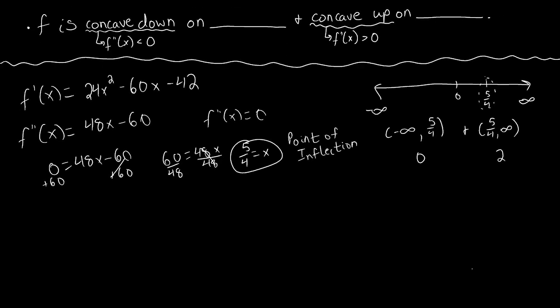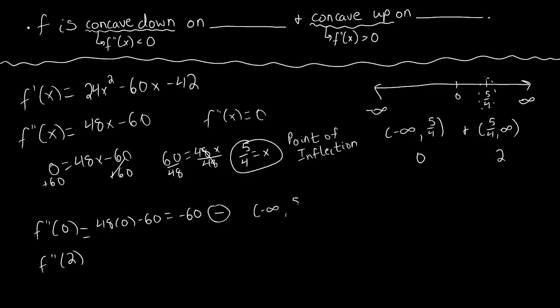So if we take f double prime of 0 and f double prime of 2, let's see what that evaluates to. 48 times 0 minus 60 is just negative 60, so more importantly, the sign's negative. So on negative infinity to 5/4, our second derivative is negative, so f is concave down.